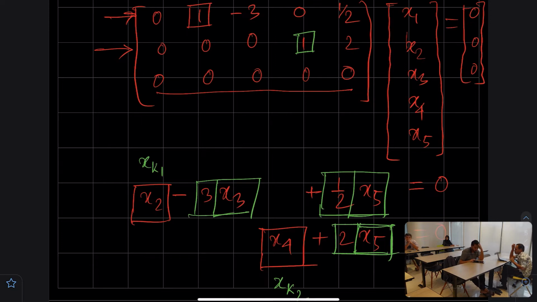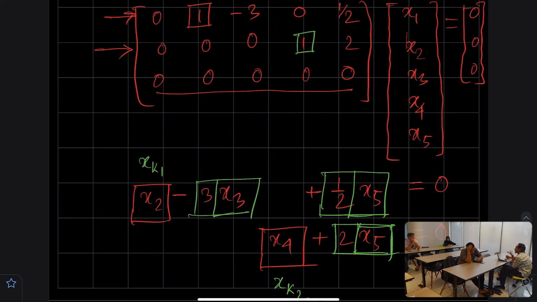That is important, because x1 disappeared because of the trivial equation, but that does not eliminate the situation that x1 is a free variable. So there are two leading variables, x2 and x4, and three free variables, x3, x5, and x1. Remember that. Although x1 is not appearing in any of the equations, it is a free variable.